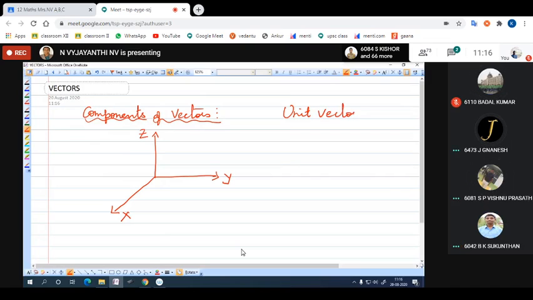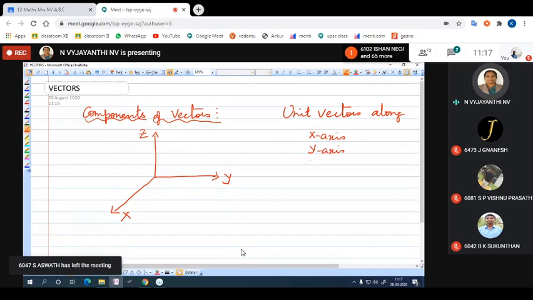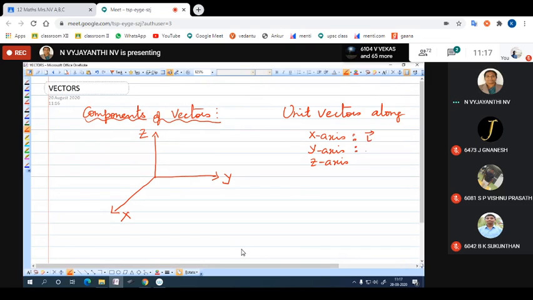Unit vectors along the x-axis, y-axis, and z-axis we are going to consider. The unit vector along the x-axis will be taken as small i vector. The unit vector along the y-axis will be taken as small j vector. And the unit vector along the z-axis will be taken as small k vector.